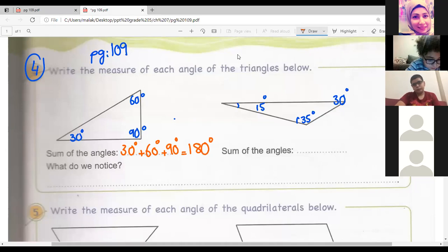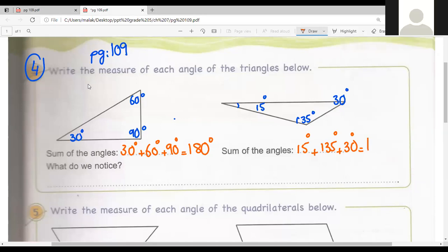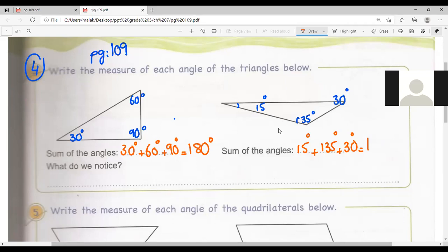And in the second one, add the angles, please. 15 plus 30, 135 plus 30, 155... 175. It's 180 degrees. Bravo, Majid. 180 degrees.